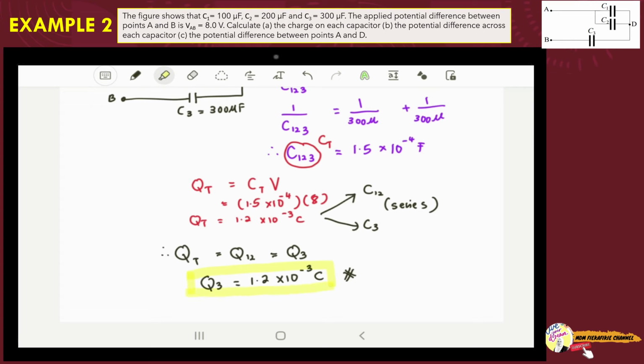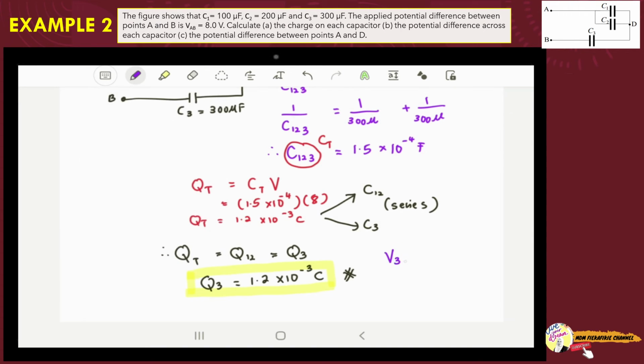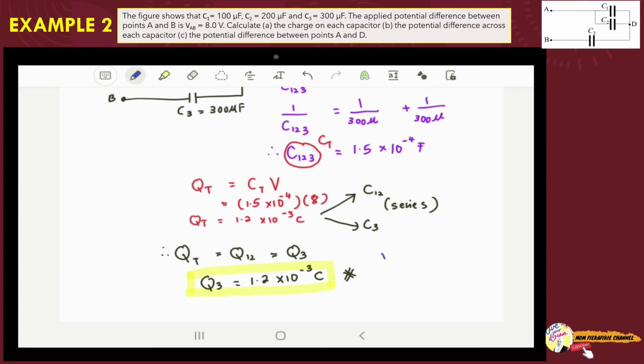So now we want to find Q1 and Q2. Okay, so I can directly calculate first what is the V3. Excuse me, changing color. Okay, I can calculate V3 and it's equal to Q3 over C3.